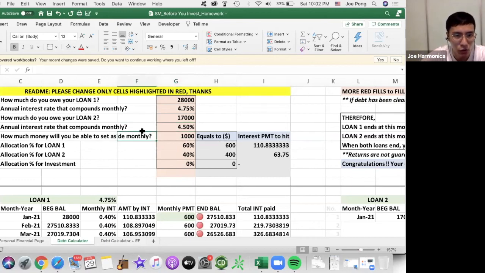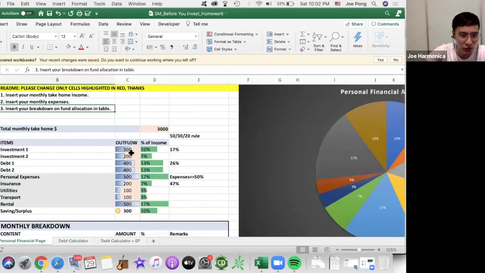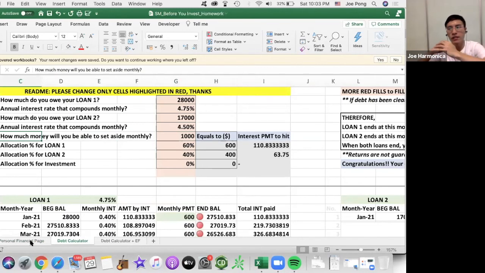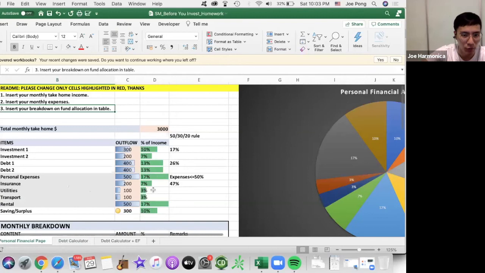After the loan, the next thing you need to fill in is how much money you are able to set aside, based on your first sheet on your financials. That is the money left after you deduct your expenses.